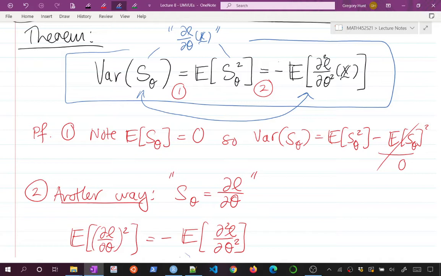So this is why this score function is so important. The score function in expectation is 0, because in expectation our MLE should be telling us what the truth is. And the variance of the score is going to tell us something about how much information our data has, and something about how accurate our estimate is going to be.